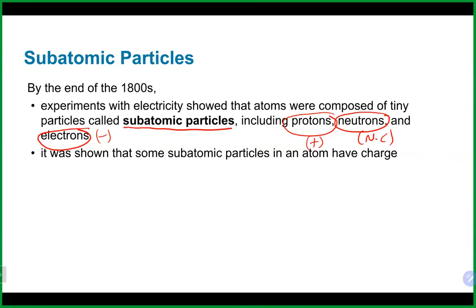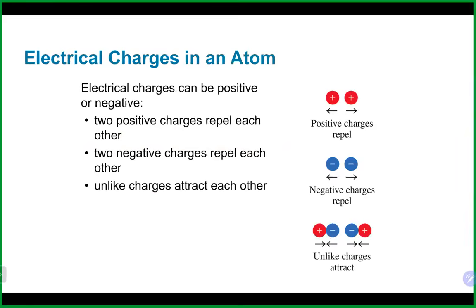There were a lot of experiments along the way that helped us better understand these particles, and there's an early model of the atom and a more modern version of the atom.